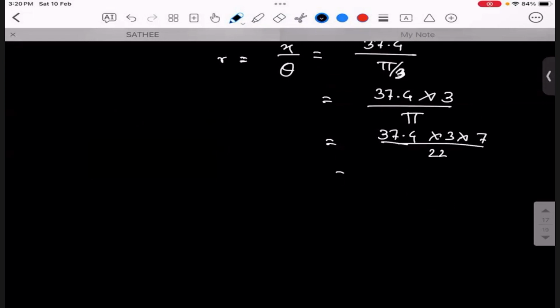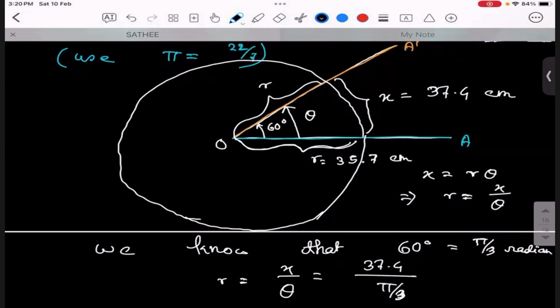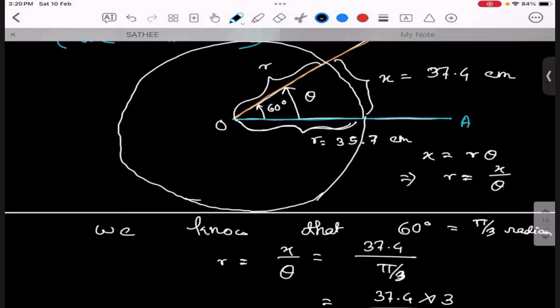Now if I calculate this part, you will get 35.7 centimeter. So what will be the radius of this circle? This will be 35.7 centimeter. So using this concept, you can find the radius of the circle, which makes an arc length x with the angle 60.